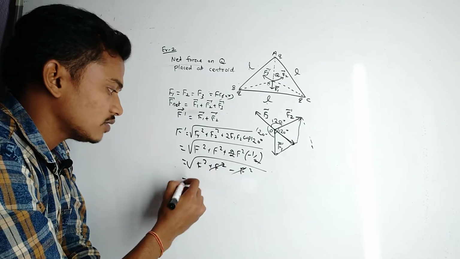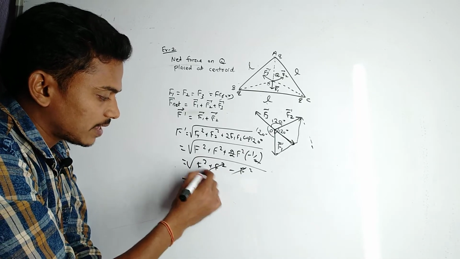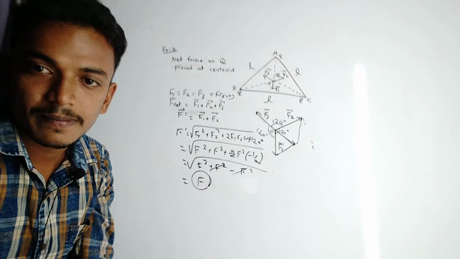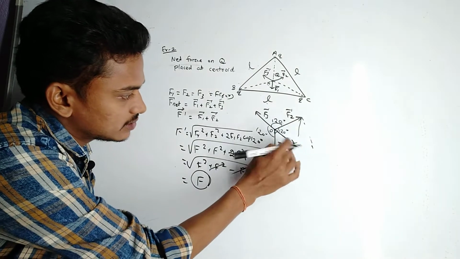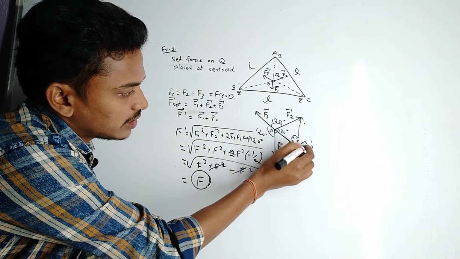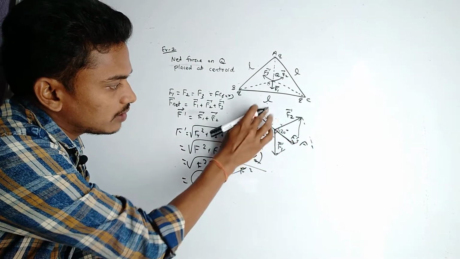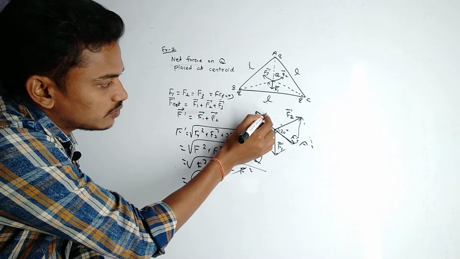So this cancels out, and the square root of F square is F. Okay, so this F dash is F, and we already found that F3 is also equal to F.